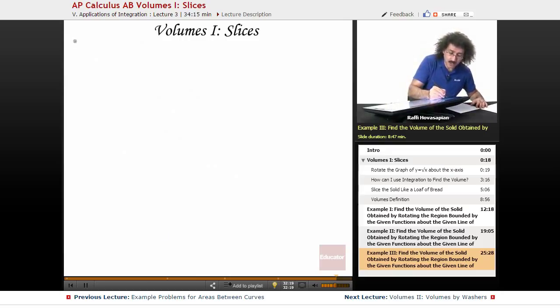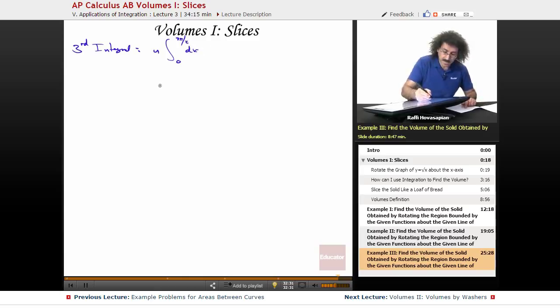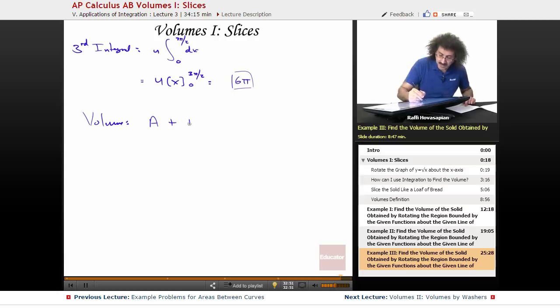And the third integral is also something that you can do. That was 4 times the integral from 0 to 3 pi over 2 of dx. That's equal to 4x evaluated from 0 to 3 pi over 2. This one is easy. This is just 6 pi. Therefore, for our final volume, we're just going to add up the A, B, and the 6 pi. So it's going to be A plus B, whatever you got, plus 6 pi.